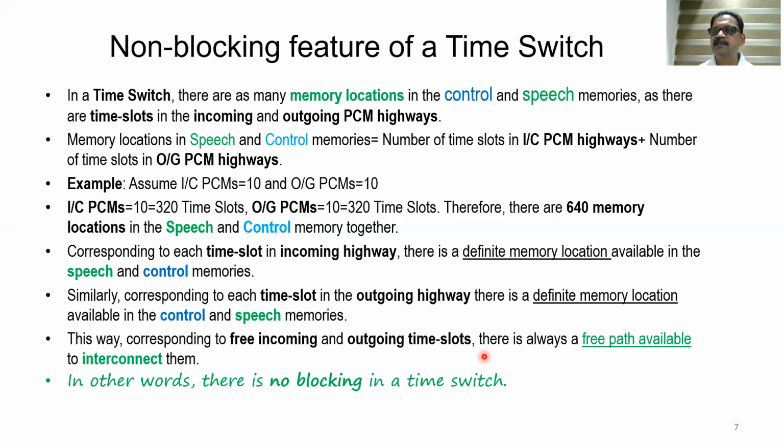You can connect all the incoming PCM highway slots to all the outgoing PCM highway time slots. In other words, there is no blocking in time switch. So the essence of the time switch is that it is non-blocking in nature.